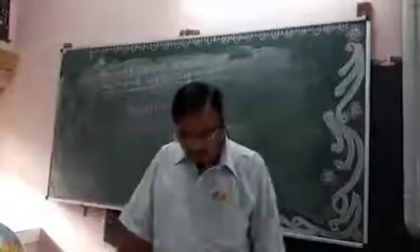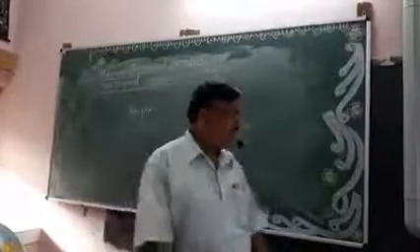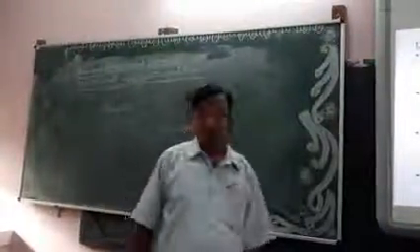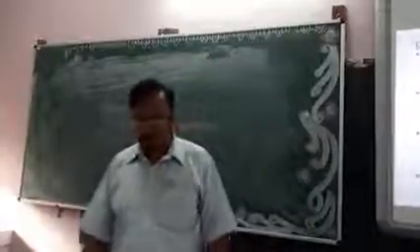But in the 1970s, what happened? The Trans-Amazon Highway was built by the Brazil government. Then people started going inside the forest area. Now most of the forest is accessible.